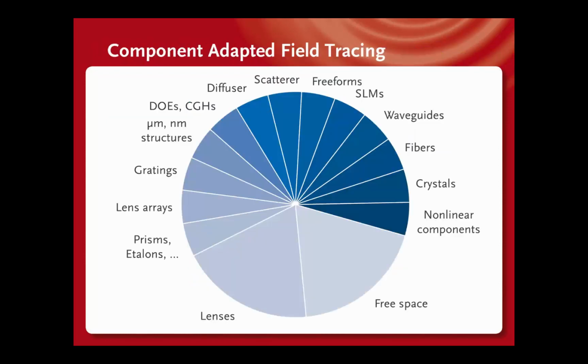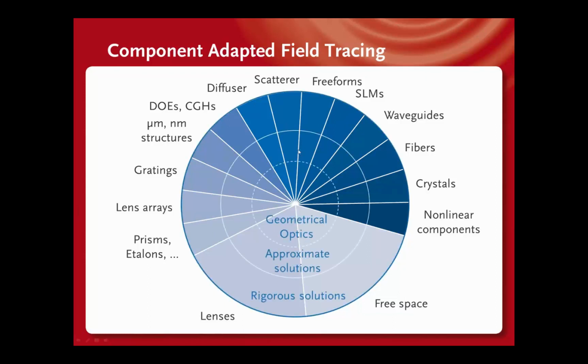VirtualLab can simulate a lot of different optical components. Sure, we can simulate light propagation in free space. We can propagate light through lenses, but we can also simulate, for example, prisms, lens arrays, gratings, DOEs, diffusers, and so on. And for every type of optical component, we typically have a lot of different propagation models available.